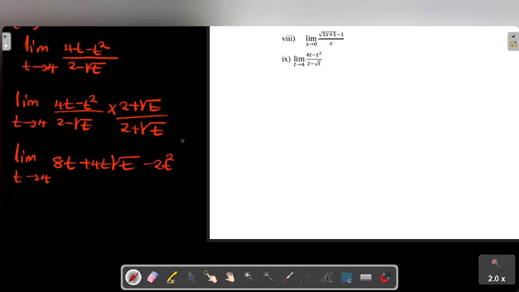Then negative t squared times root of t, so it will be negative t squared root of t. Then everything over: 2 times 2 is 4, 2 times root of t gives 2 root of t, negative root of t times 2 gives negative 2 root of t, and negative root of t times root of t is negative t. That's what we have.